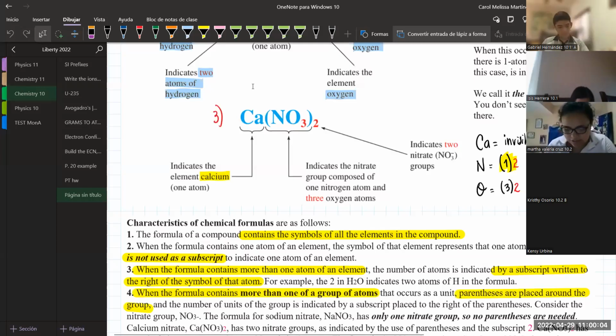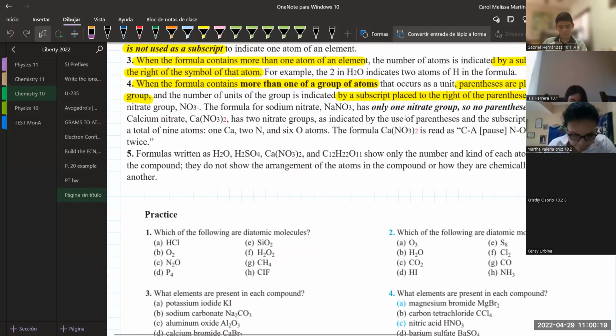So how is this parenthesis going to be affected? It's going to be affected by the subscript that is placed to the right side. Imagine, I'm going to make one example here in the bottom. Okay.